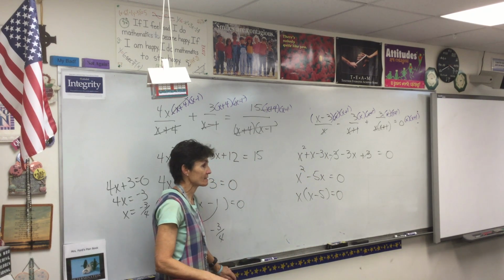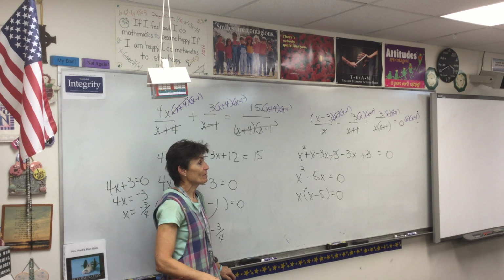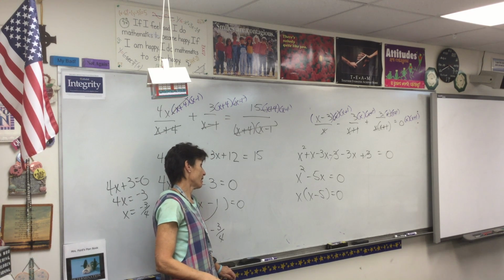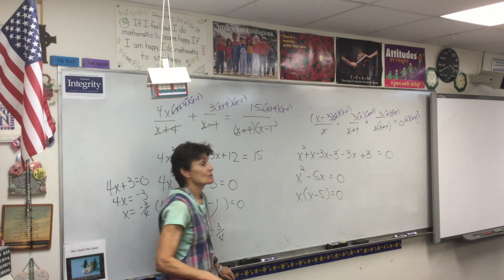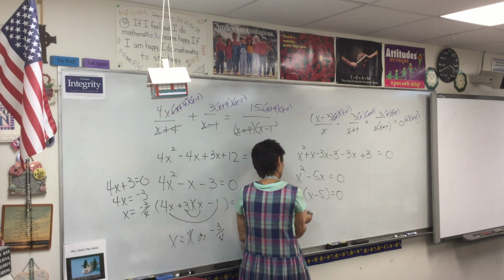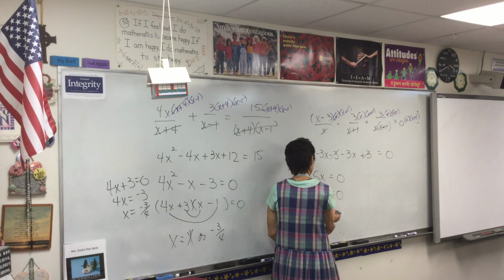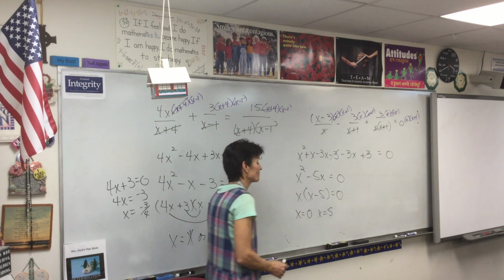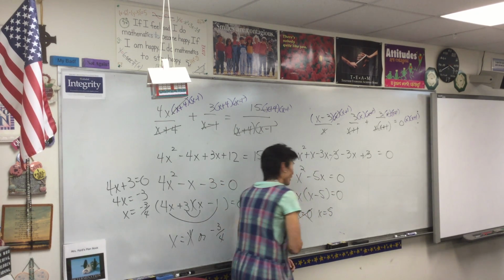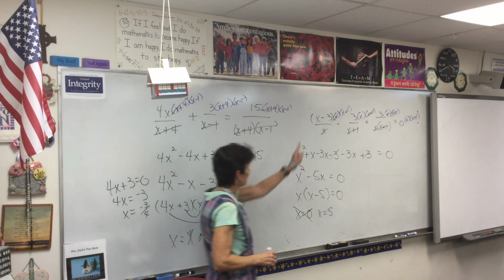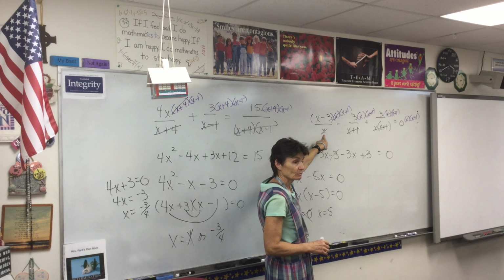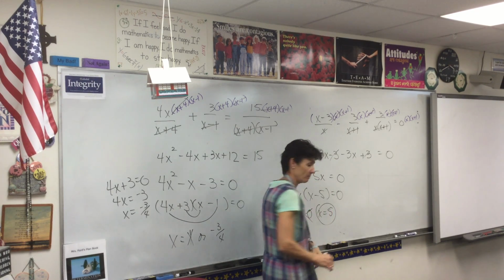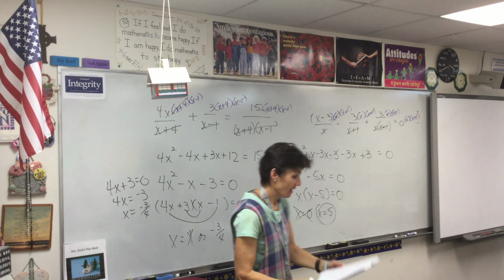Just pull out an x. Don't forget when we factor, we always look for a GCF, right? Always, and that's that. So x equals what? 0, or x equals 5. And it can't be 0 because that would make that 0. So the only answer to the problem is 5.